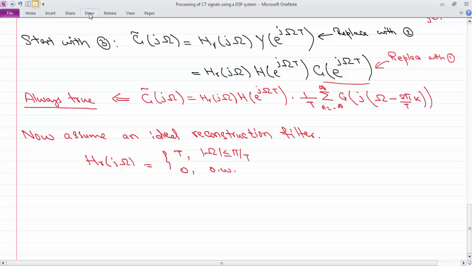So in the case of an ideal reconstruction filter, if I write this expression G tilde of j omega, let's call this star.